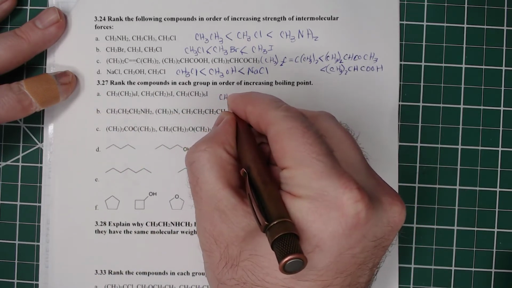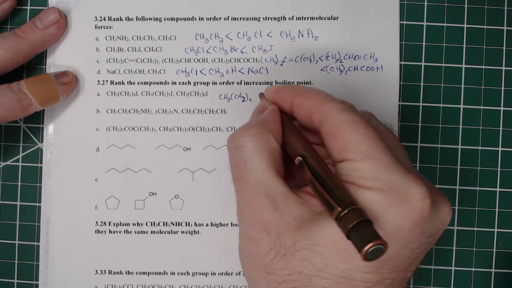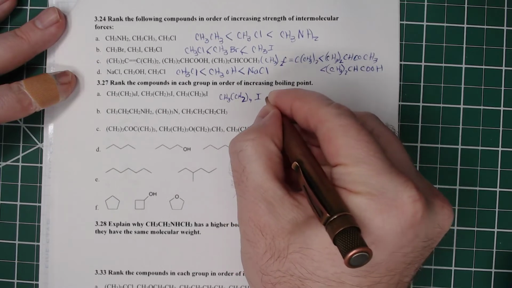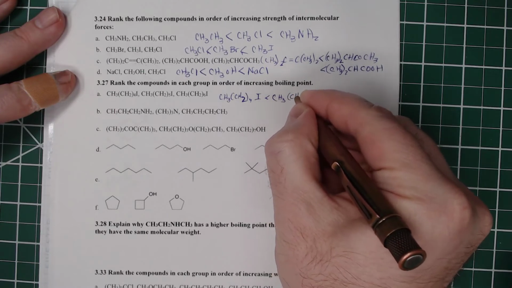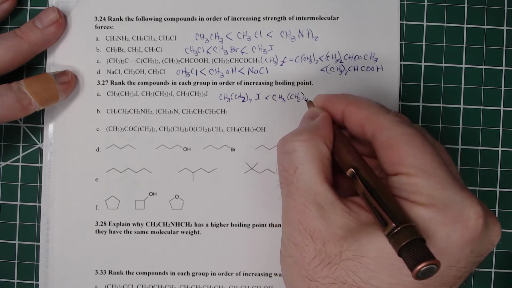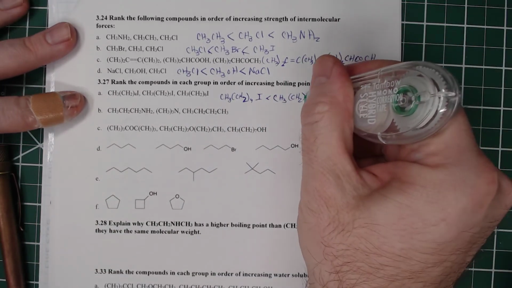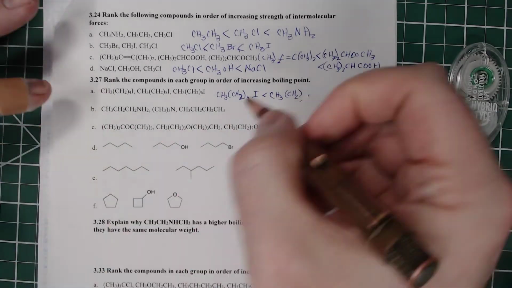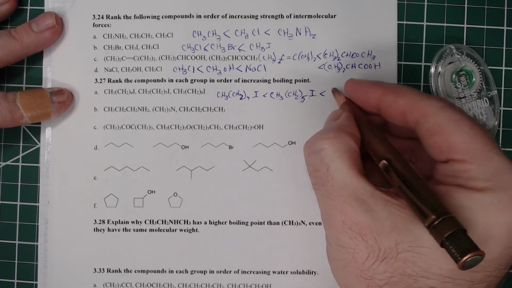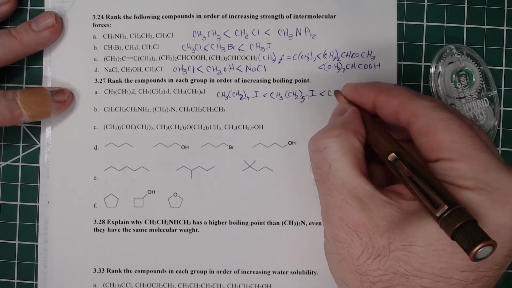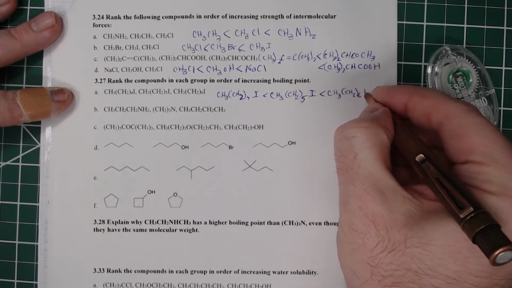CH3(CH2)4I is going to have a lower boiling point than CH3(CH2)5I, which will have a lower boiling point than CH3(CH2)6I.